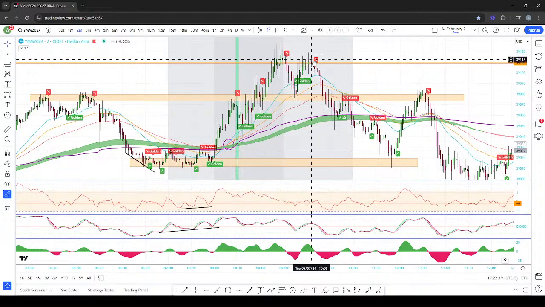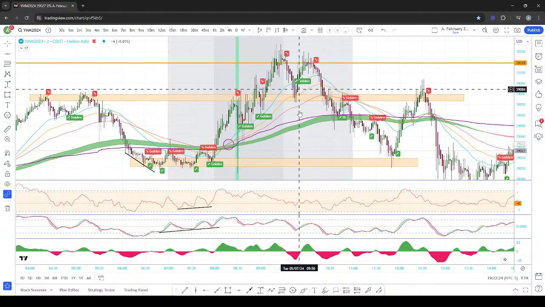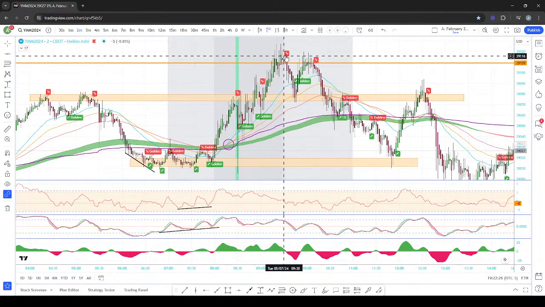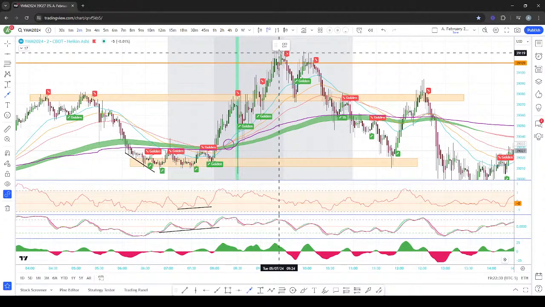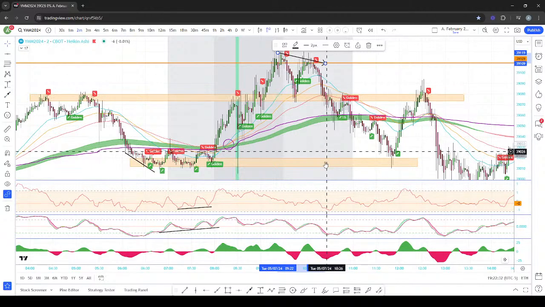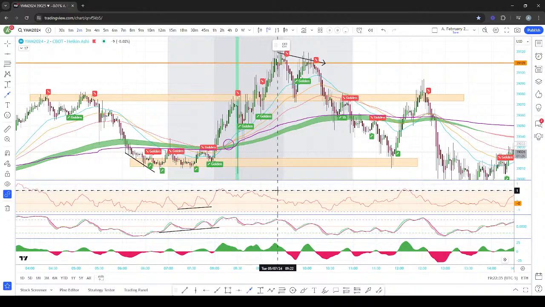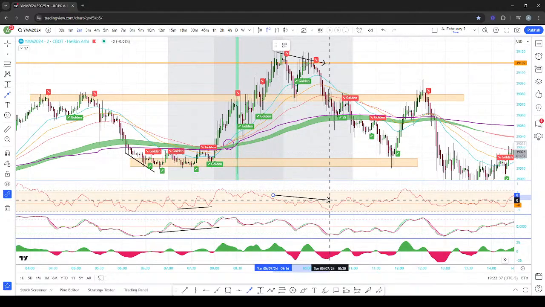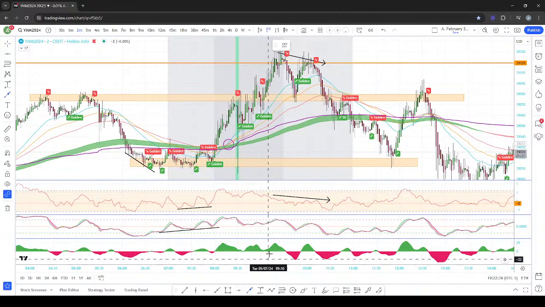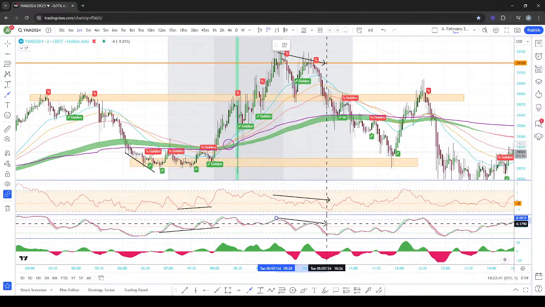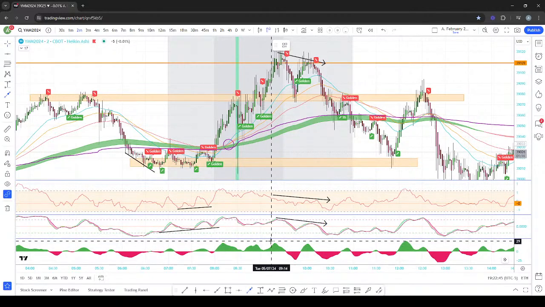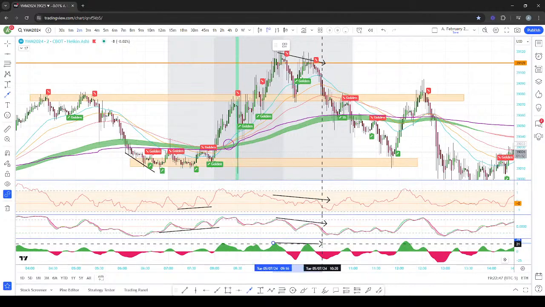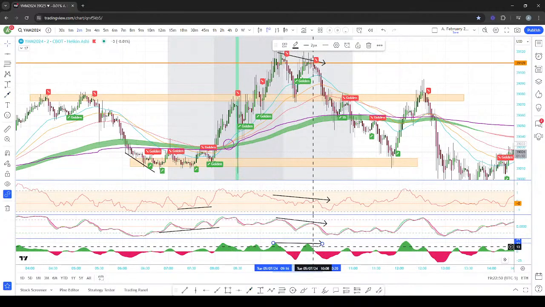So you can even see this is a really nice shift in the market, because right here you can see price pushing down, and you can see right here on the oscillator it's pushing down, and right here you can see it pushing down, and even right here from this peak to this peak it's pushing down.